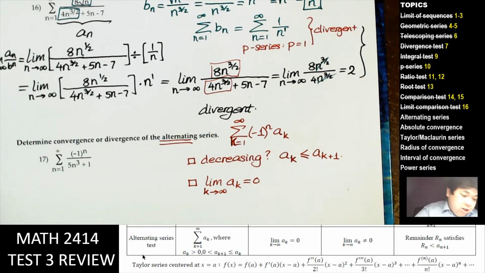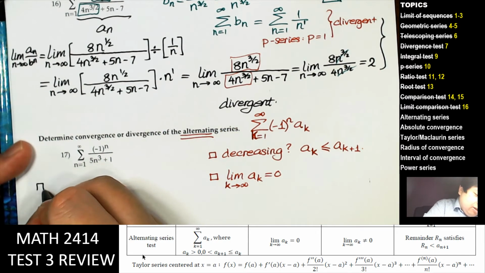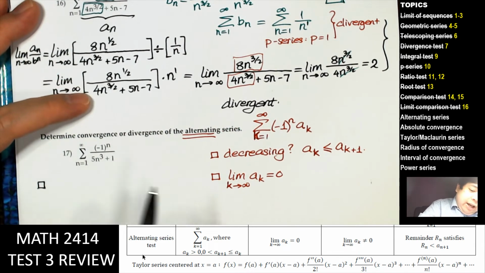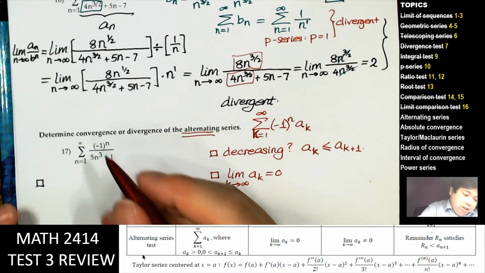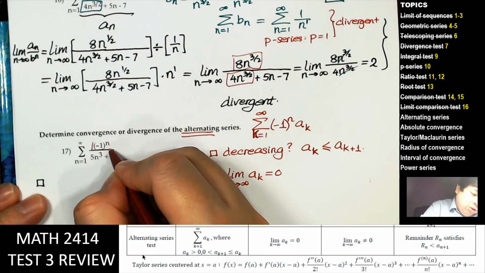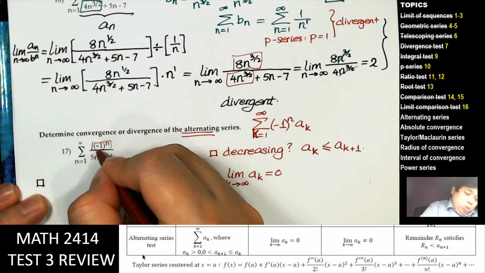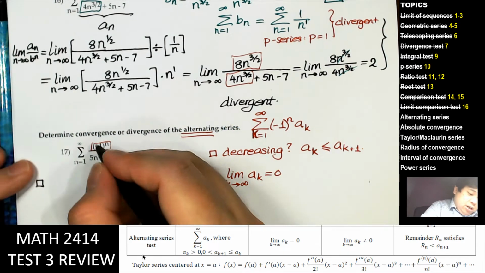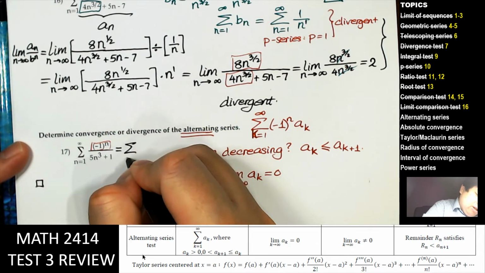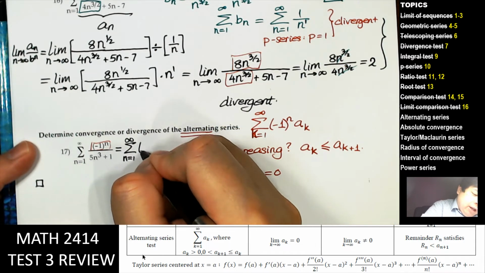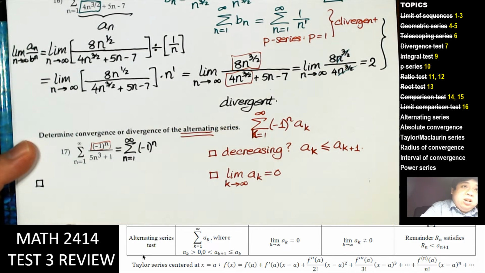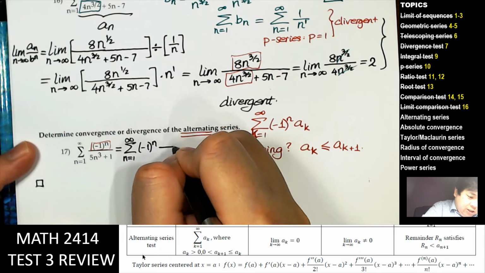All right, so let's take a look at this. First, notice that in the alternating series, we're going to ignore the alternating factor. We will write n equal to 1 to infinity, -1 to the n. That is the alternating factor.